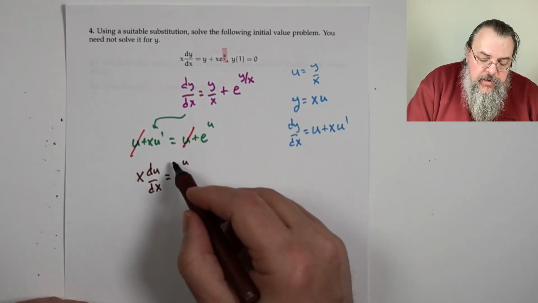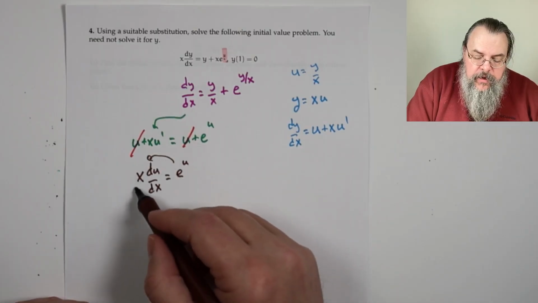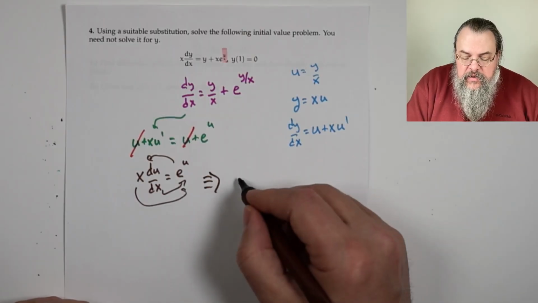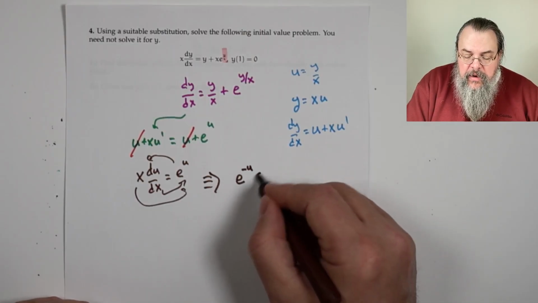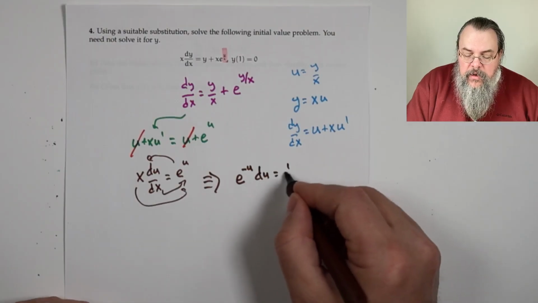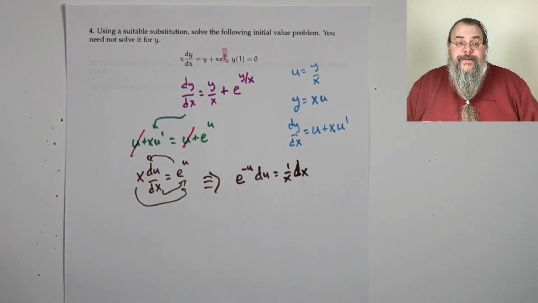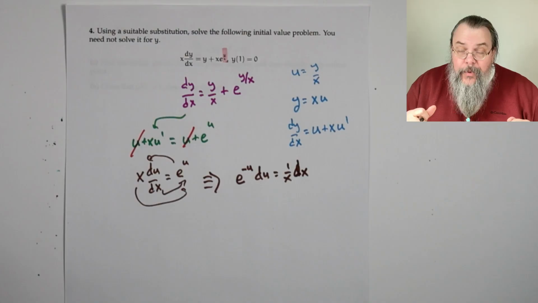So we're going to move the e to the u term across. We're going to move the x and the dx across. And if we do that, okay, lots of things moving around, we get e to the minus u du is equal to 1 over x dx. There we go. Now, we're ready.